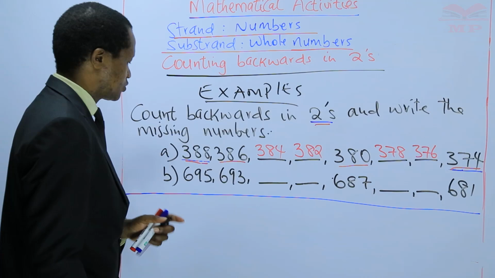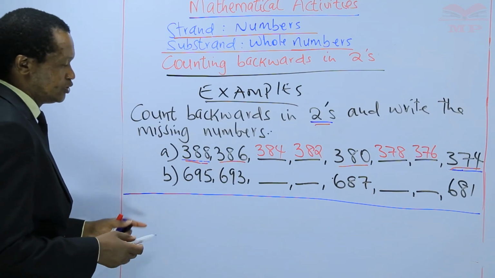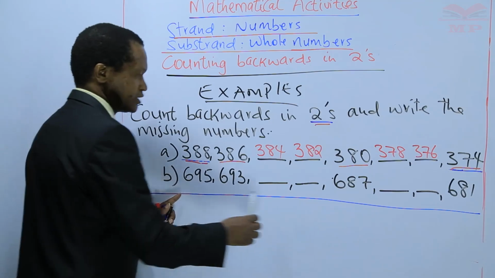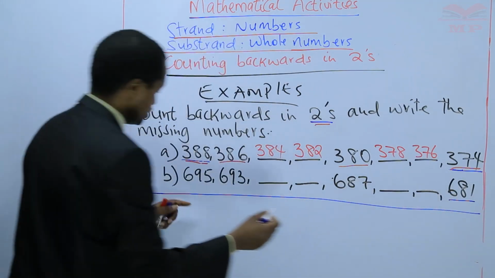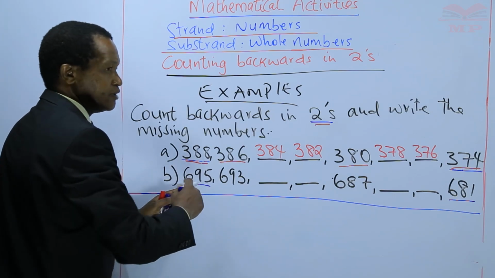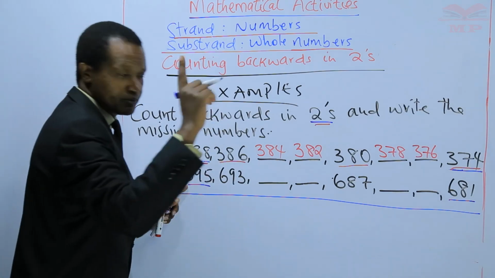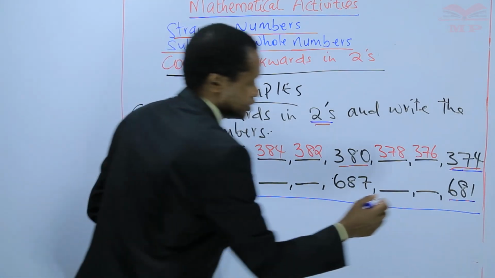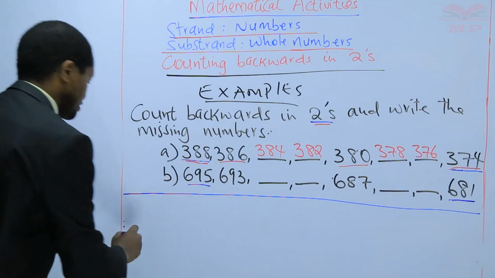Just the way we did the first one, in B we are going to write these numbers from 681 to 695, moving forward in ones. That is step number 1. So we will start with 681.